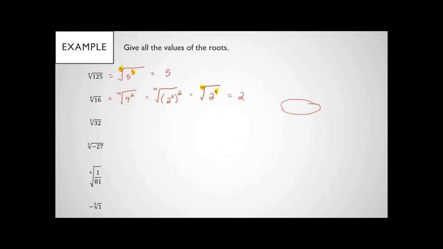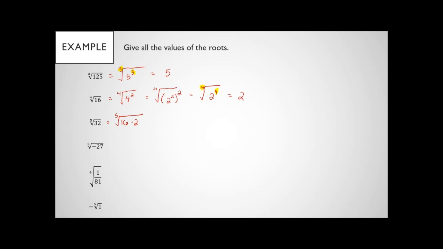But let's say for whatever reason you didn't have that memorized, and my circle won't delete, so we're just going to have some random circle there on the screen. Let's say you didn't remember that 32 was 2 to the 5th. But you can say, oh, 32 is, let's see, 16 times 2.